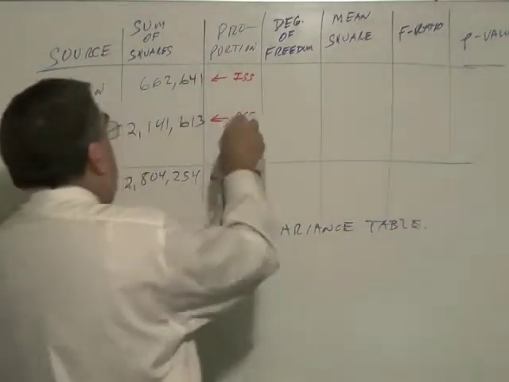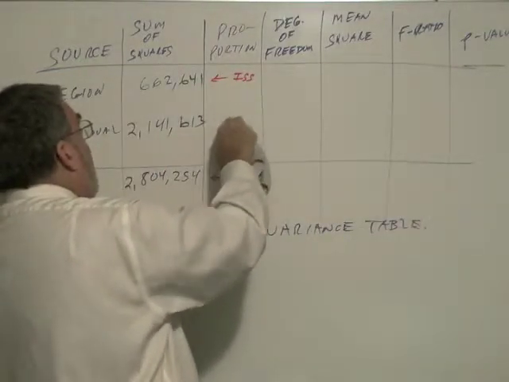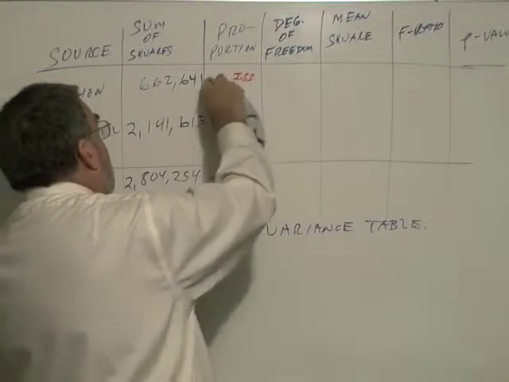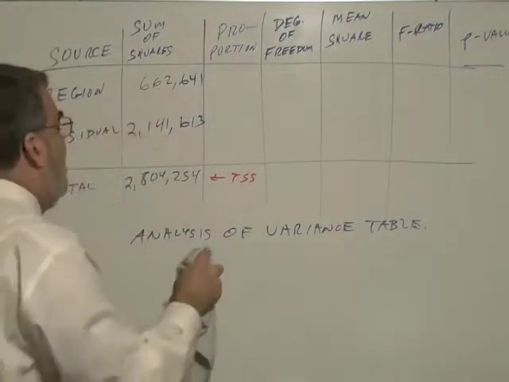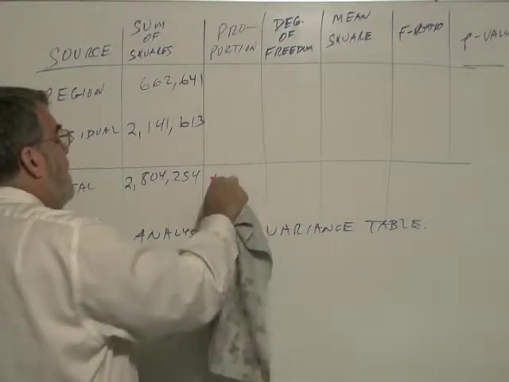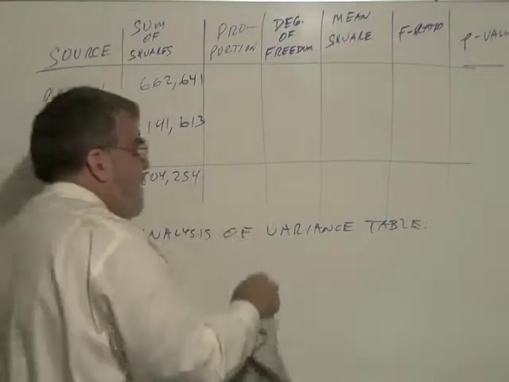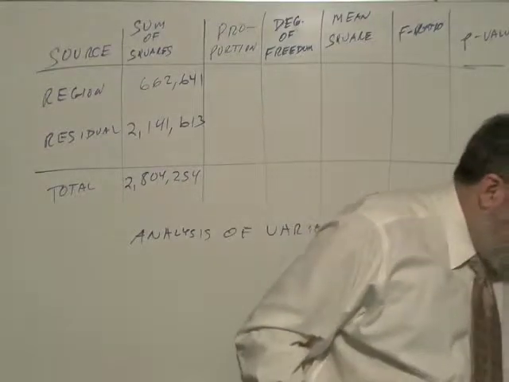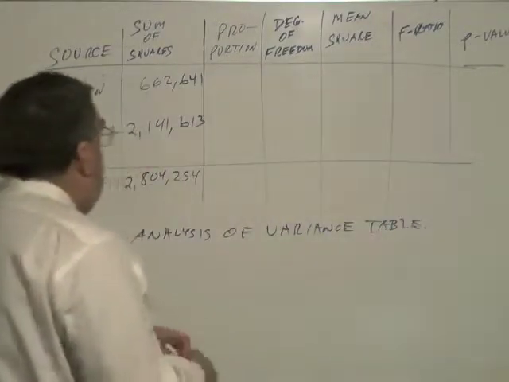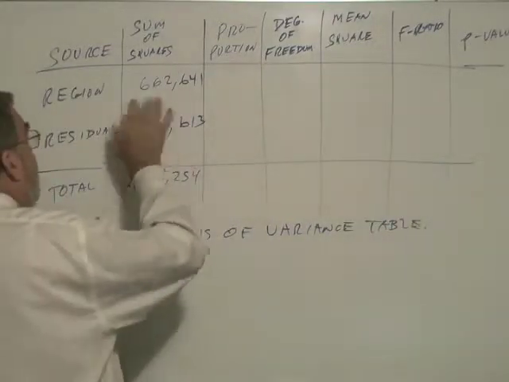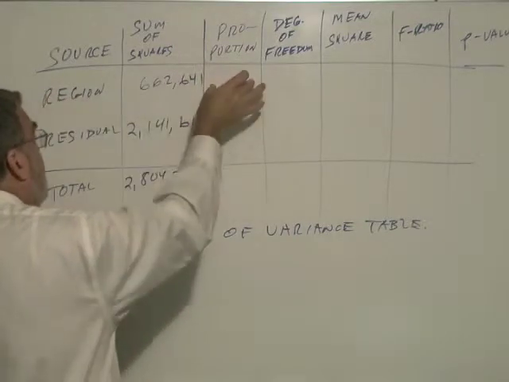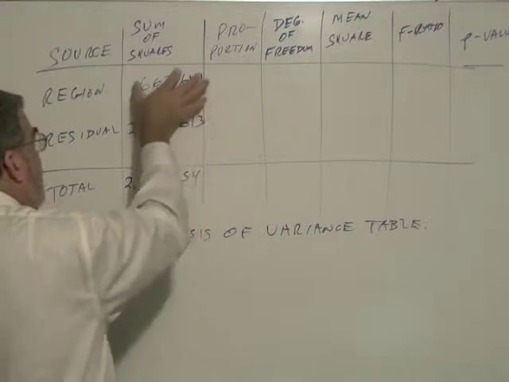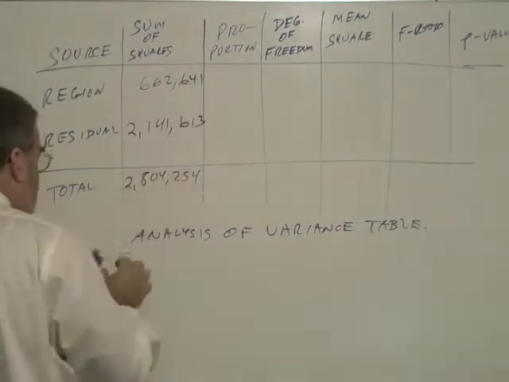Okay, well, from here we can do all the other calculations. So the heaviest work is done by getting these numbers right there. That really is a lot of tedious work to add all that stuff up. Now then, the proportion for the independent variable, or the categorical variable, is if we take this sum of squares and divide by the total.